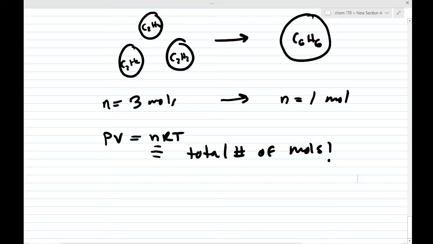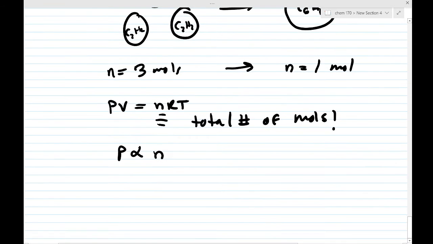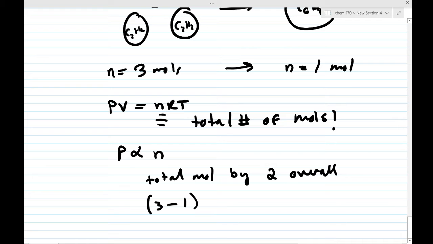And it also shows that pressure is proportional to the number of moles. So the total number of moles drops by 2 overall. This is just 3 moles in the beginning minus 1 mole at the end, which is a 2 mole drop. So there's a 2 mole difference between the two.